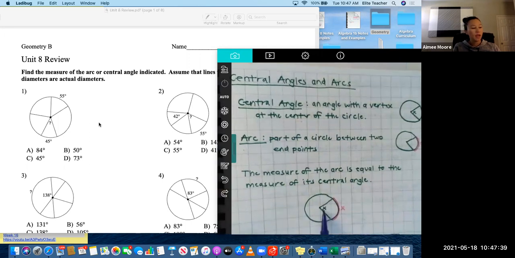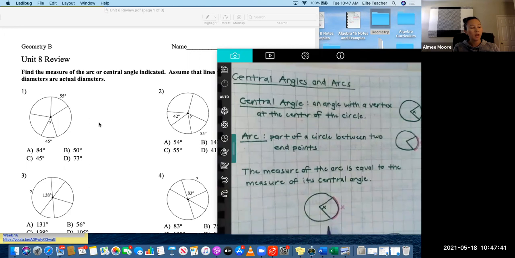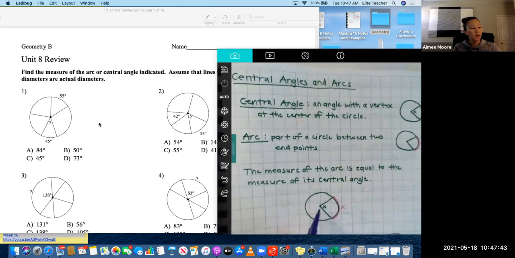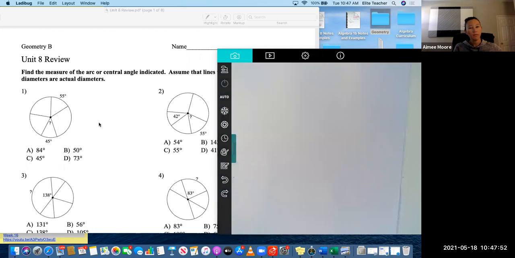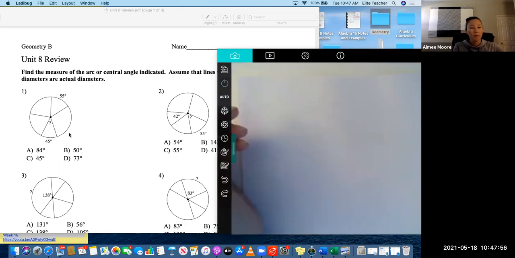So if this angle is x, this arc is also x. And that's as long as the vertex of your angle is at the center of the circle. That's why it's a central angle. It's at the center. So for number 1, if this arc is 45 degrees, this angle is also 45 degrees.